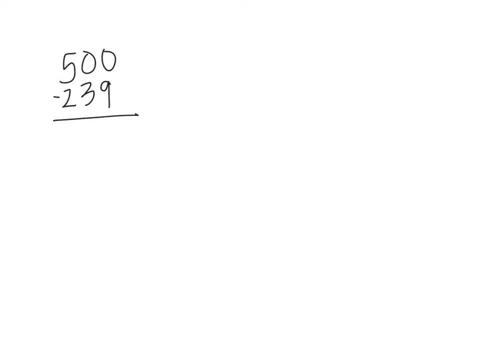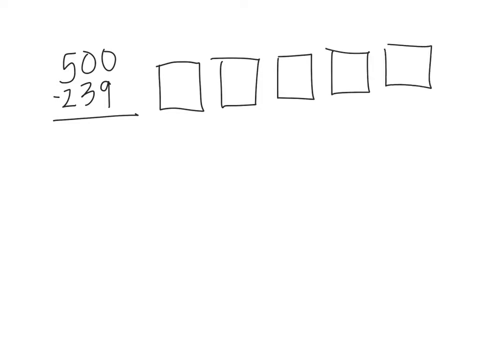The biggest number here is 500. So here I go. 100, 200, 300, 400, 500. I have drawn 500. Now that's great, but there's not any little 1 circles for me to subtract. There's not any 10 sticks for me to subtract from. I can't break apart these boxes as they are.